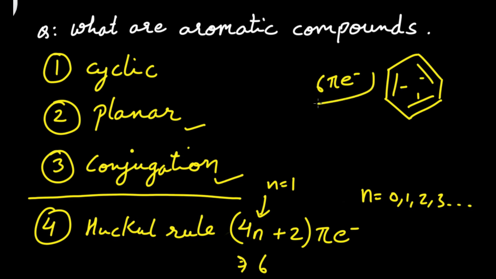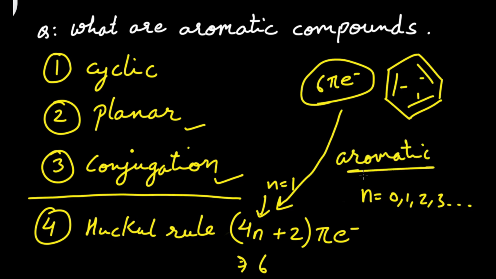So this is a 6 pi electron system, and it is following Huckel rule, hence it is aromatic. So these are the 4 conditions that you can apply to any molecule to find whether the molecule is aromatic or non-aromatic. The fourth is supplementary. If you want to apply it, you can apply it, otherwise there is no need. The upper 3 conditions will also tell you whether the compound is aromatic or non-aromatic.